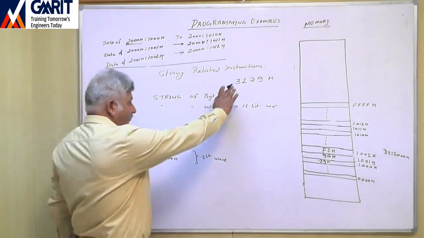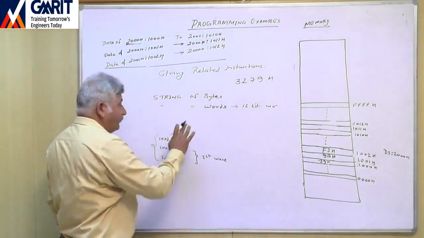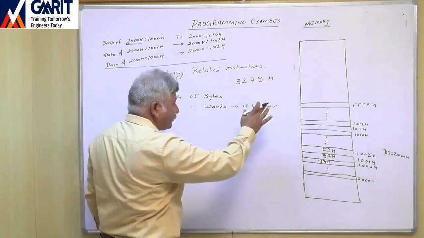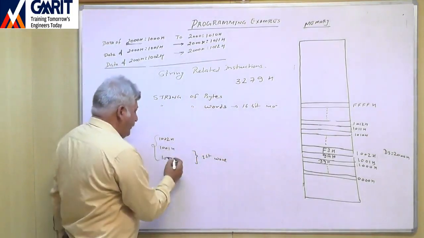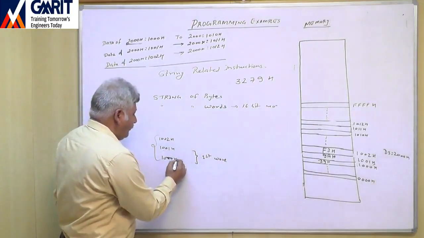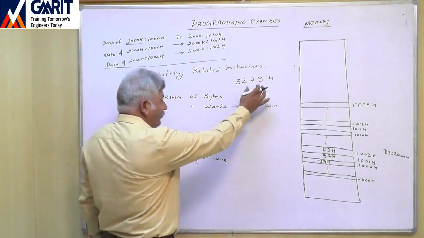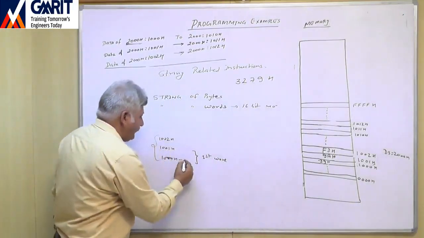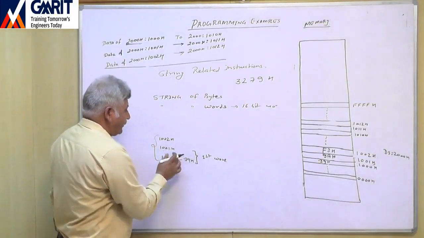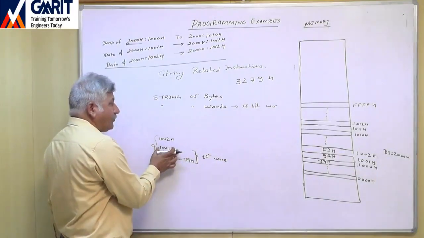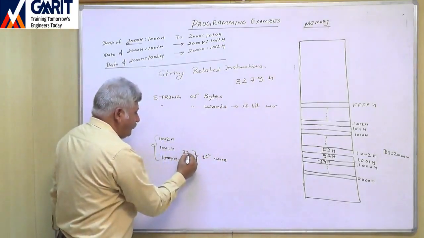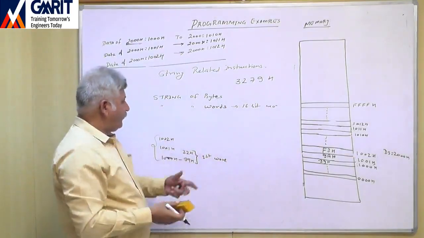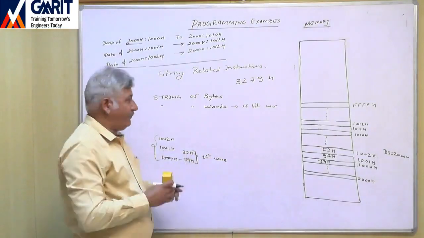So suppose this is the number. It will require 2 memory locations, because at one location we can store only an 8-bit number. So at offset 1000H we store the lower byte, that is 79H. At the higher offset address 1001H, we store the higher byte, that is 32H. So the first word is stored here.